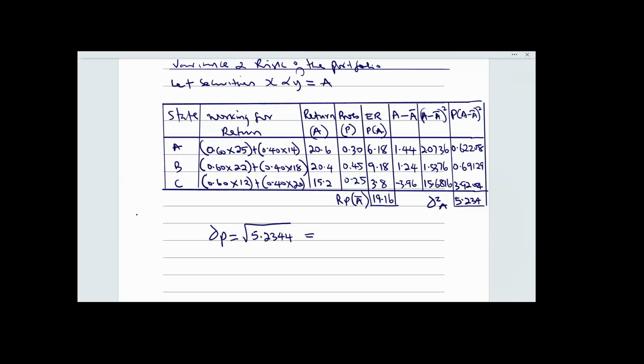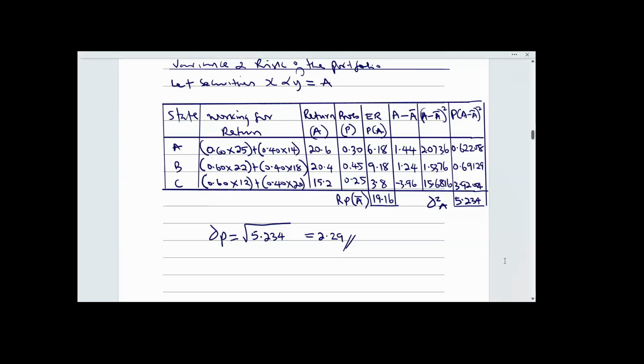So 5.234, what's the square root of that? 2.2877. That's 2.29. Yes, 2.29 approximately. The risk of the portfolio is 2.29. That's the standard deviation.